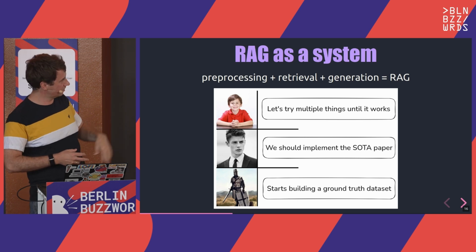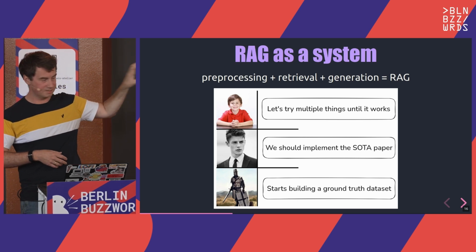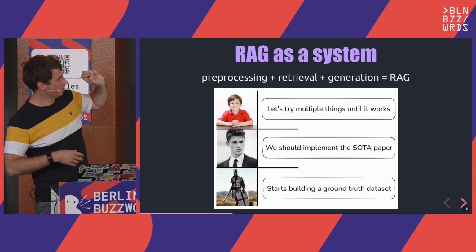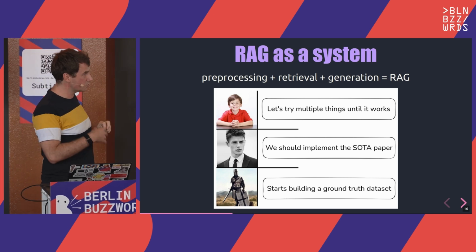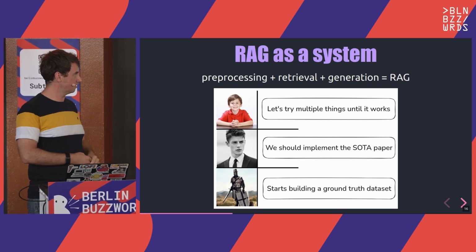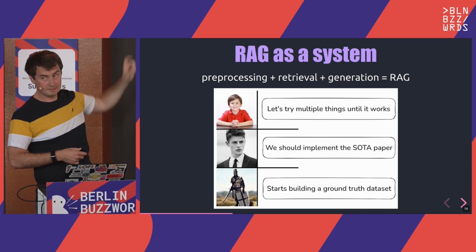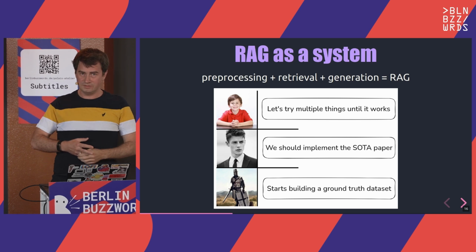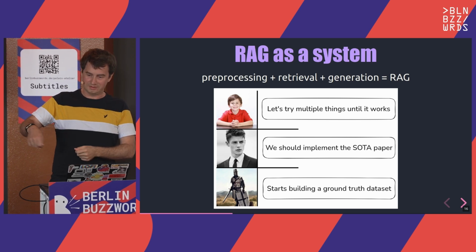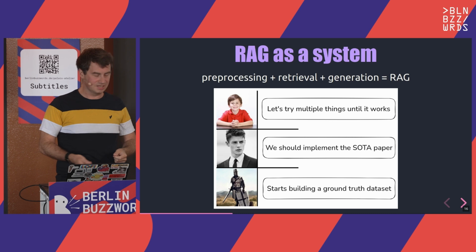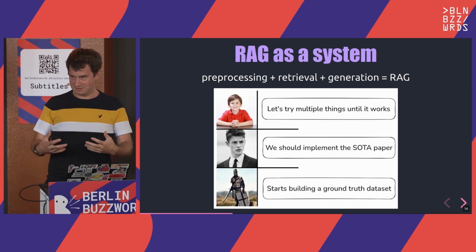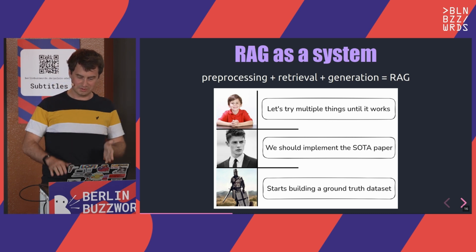You start with a ground truth dataset, or implement the best new thing, or just try multiple random things until it works. Usually at conferences, people say that they started from the bottom and moved to the second part. We started from the beginning, because if you have a rapid pace of iterations, you might get better results at the beginning, especially if you're constrained by time.